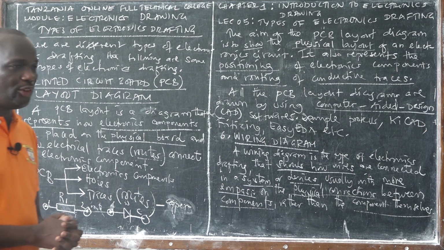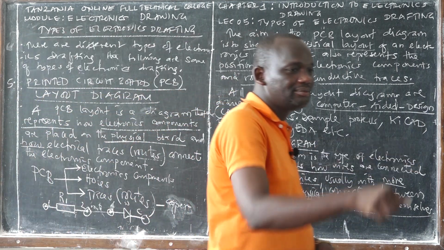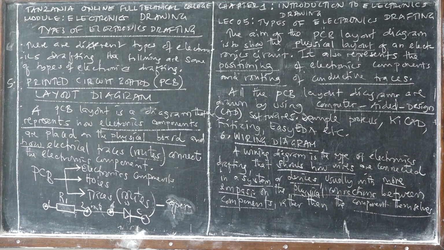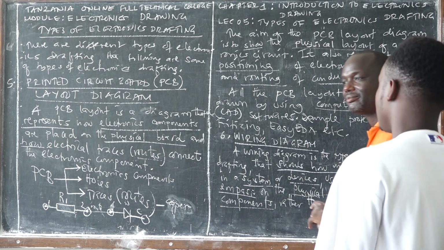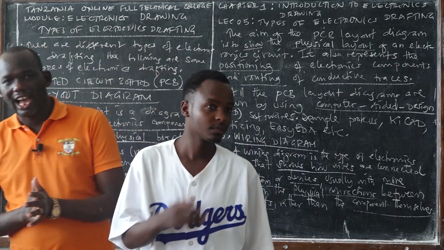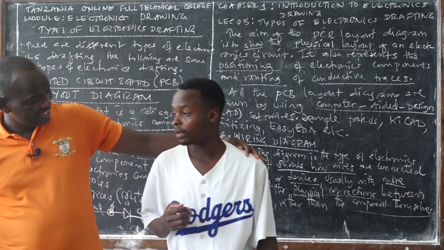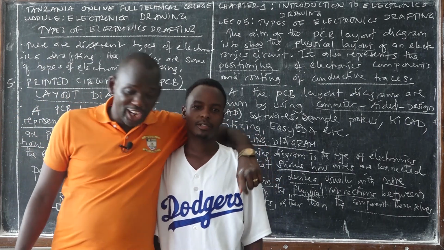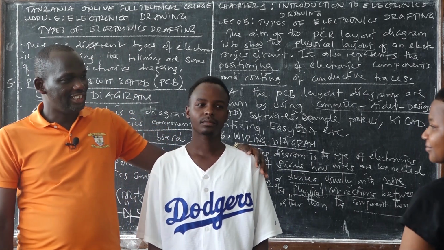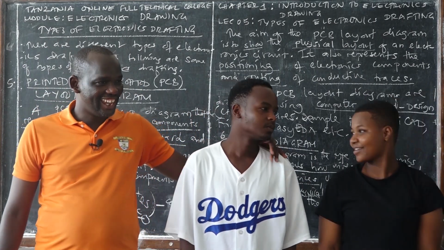I need 4 students. Malaika come, Naomi come, Diana come. Let me demonstrate so that you may have this concept. What's your name? Enoch. Mr. Enoch. That is Diana. What's your name?